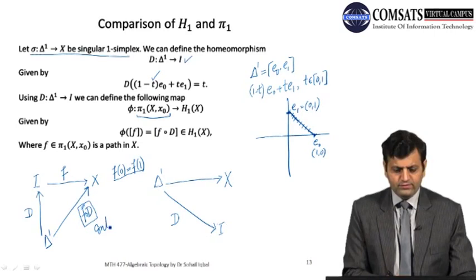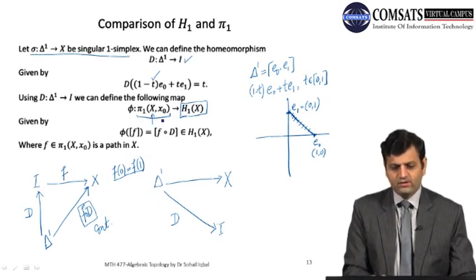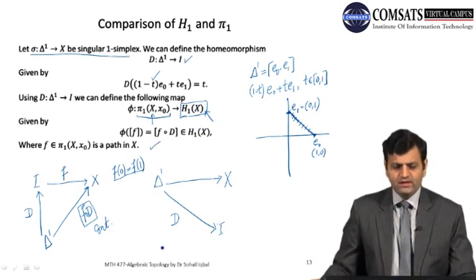So I have a continuous function from the standard one simplex to X. In other words, I have a singular one simplex, and of course it is an element of H1 of X. That's how we take any element of pi1 of X and get an element of H1 of X. But of course we have to see whether this map is well defined or not.